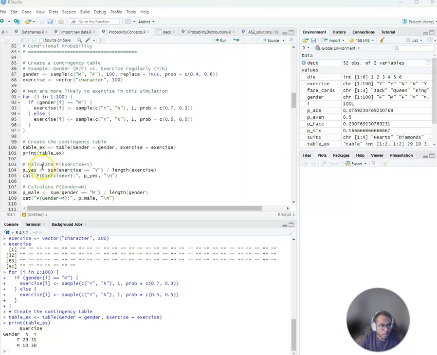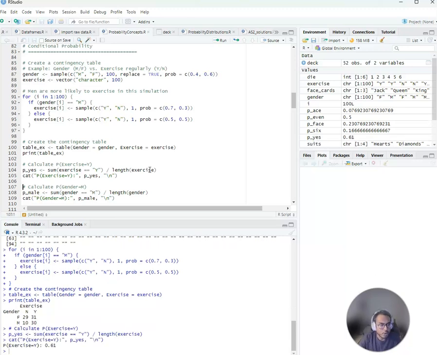So now I want to calculate the probability that the person exercises, that exercise equals 1. So that is the sum of all exercise equals 1 divided by the length of the exercise.